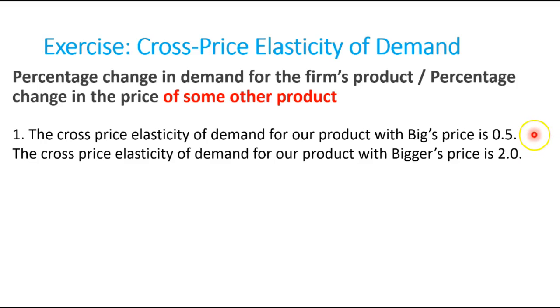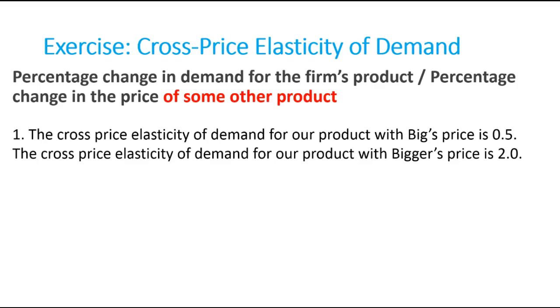On the other hand, if big raises its price by 1%, so that would appear down here, the percentage change in the demand for the firm's product would just be half of 1%. And of course, this works in the other direction as well. So we could imagine a 1% decrease in bigger's price. That's going to represent a 2% decline in our sales.